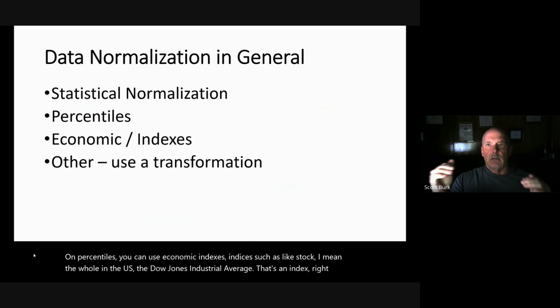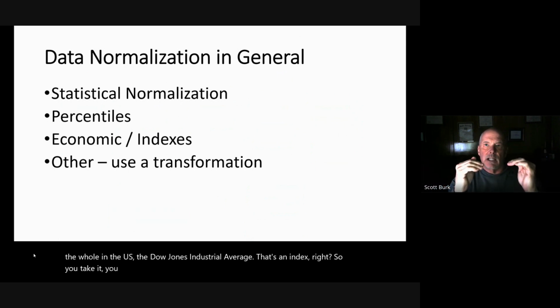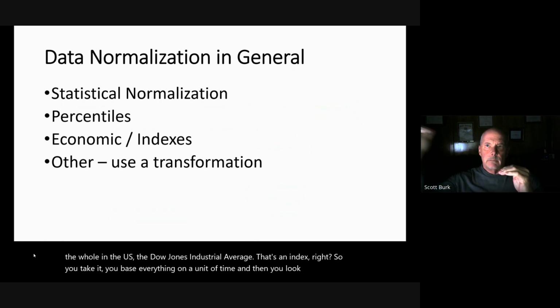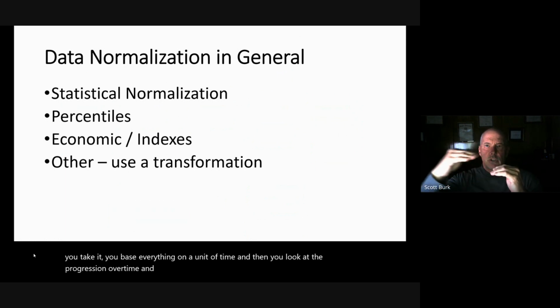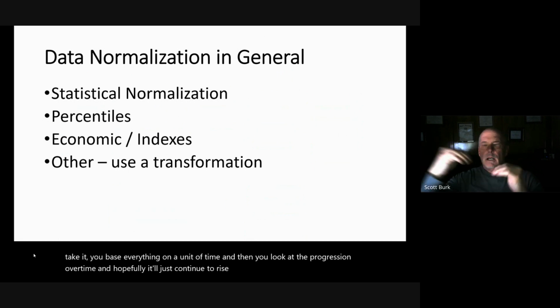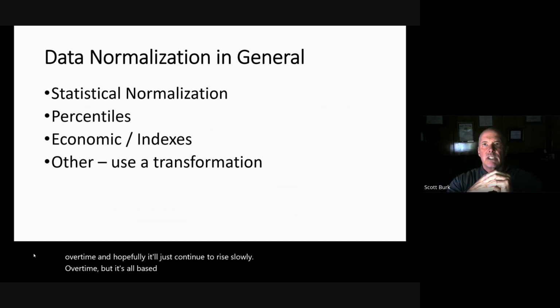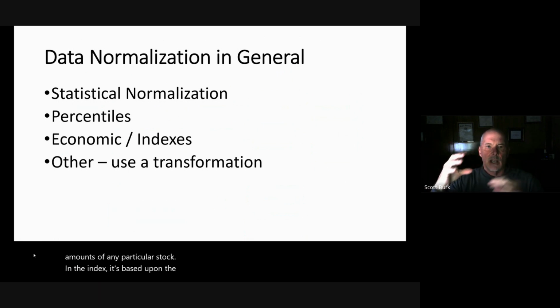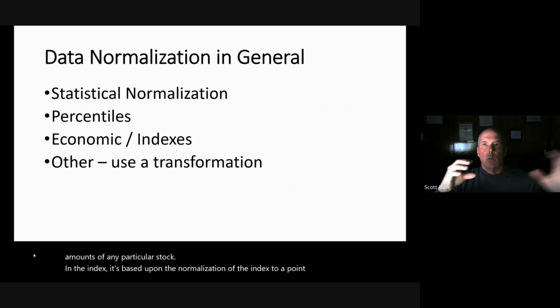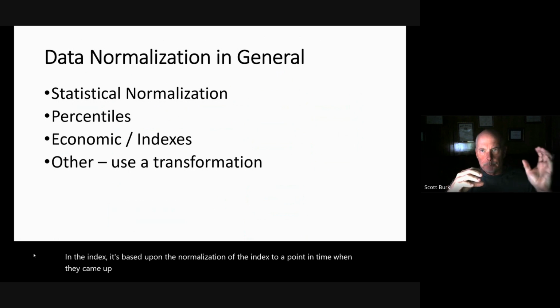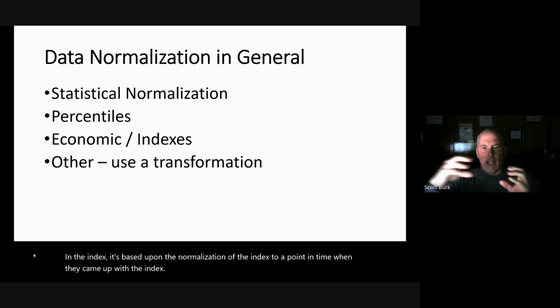So you base everything on a unit at a time, and then you look at the progression over time, and hopefully it'll just continue to rise slowly, but it's all based upon an index itself. It's not based on the actual dollar amounts of any particular stock in the index. It's based upon the normalization of the index to a point in time when they came up with the index. And then they use that over time.